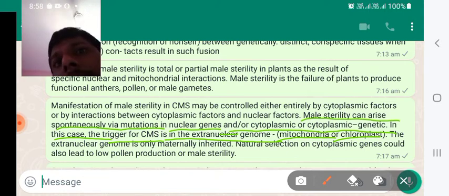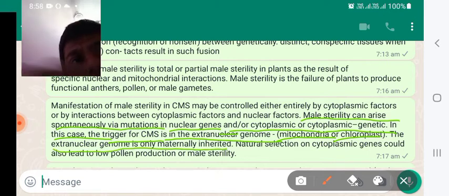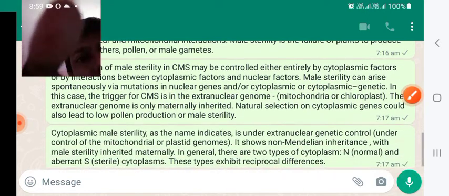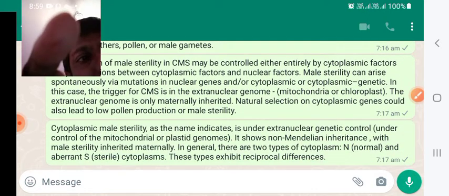The extranuclear genome is only maternally inherited. We know the extranuclear genome, meaning the genome found outside the nucleus, within the mitochondria and chloroplast, is maternally inherited. Natural selection on cytoplasmic genes could also lead to low pollen production or male sterility. So through natural selection also we can achieve male sterility.